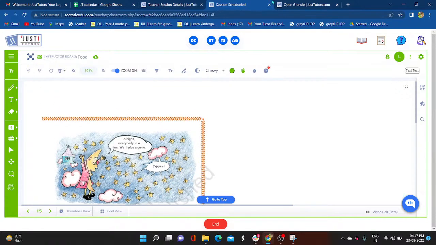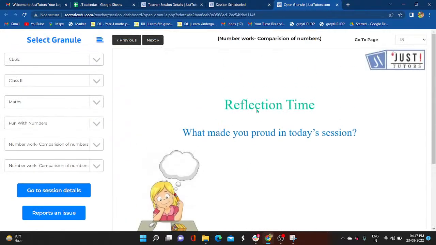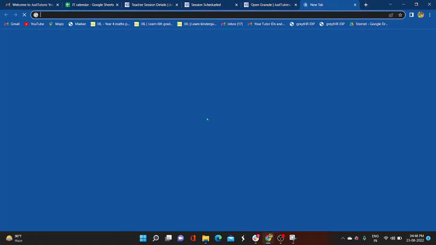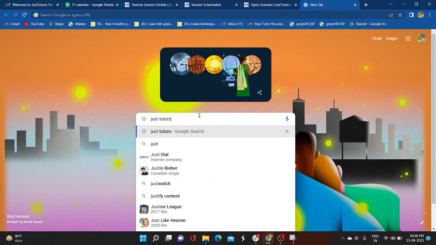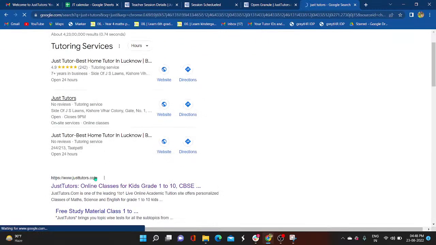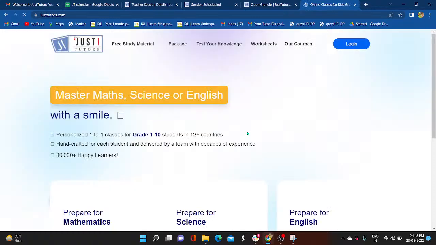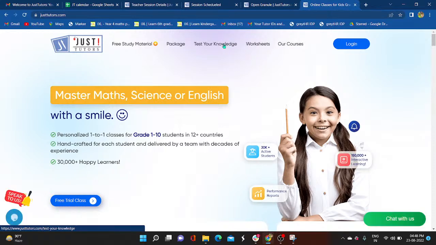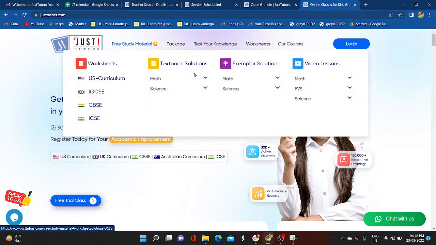Now let me show you a few more things like this granule. You can view this granule on Justtutors, and along with that you can view many more things. What you have to do is just type Justtutors. You can view our worksheets, test your knowledge. You can try your quiz questions from whichever board you belong to, and you can check your free study material.